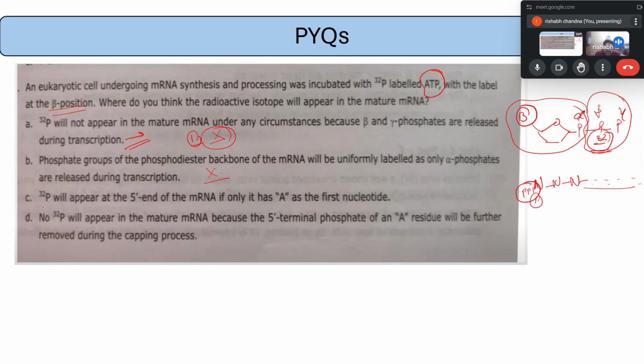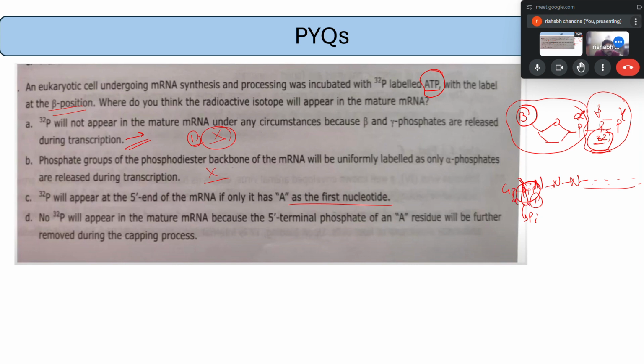The third option: P32 will appear at the 5' end of the mRNA only if it has A as the first nucleotide. Yes, because we have P32 labeled only at the beta position of the ATP. When capping occurs, the gamma phosphate is removed, and the GTP with its alpha phosphate is attached to this.